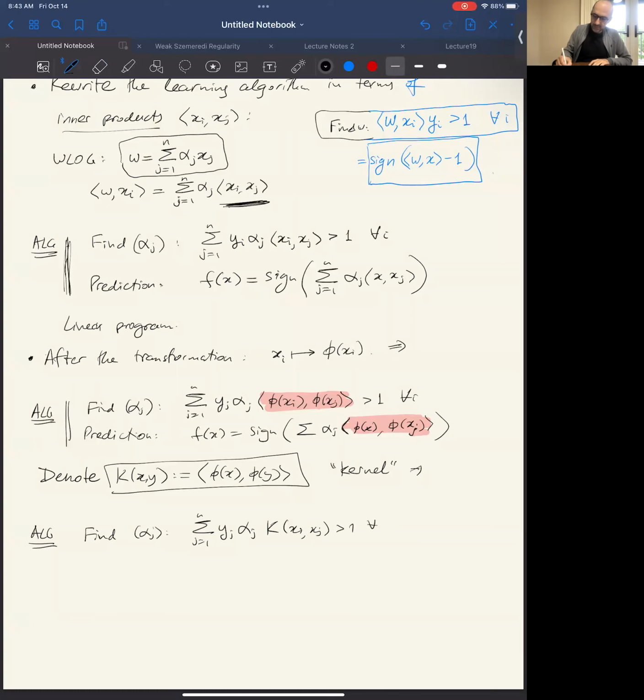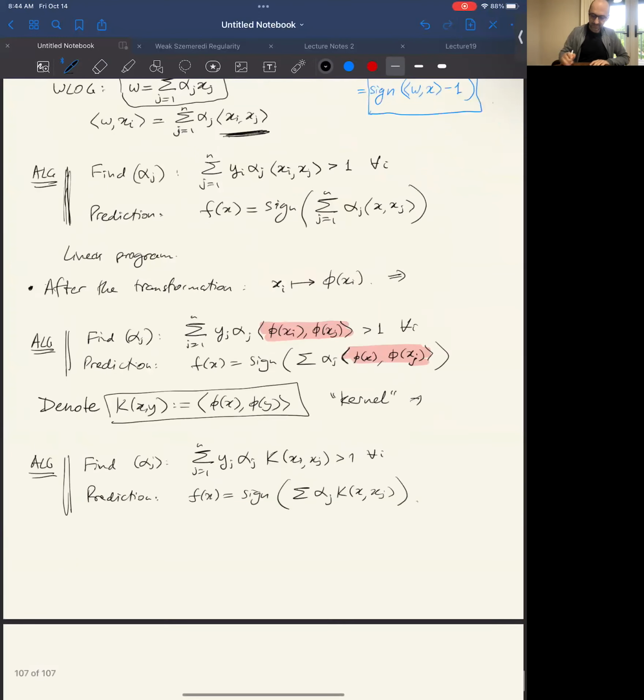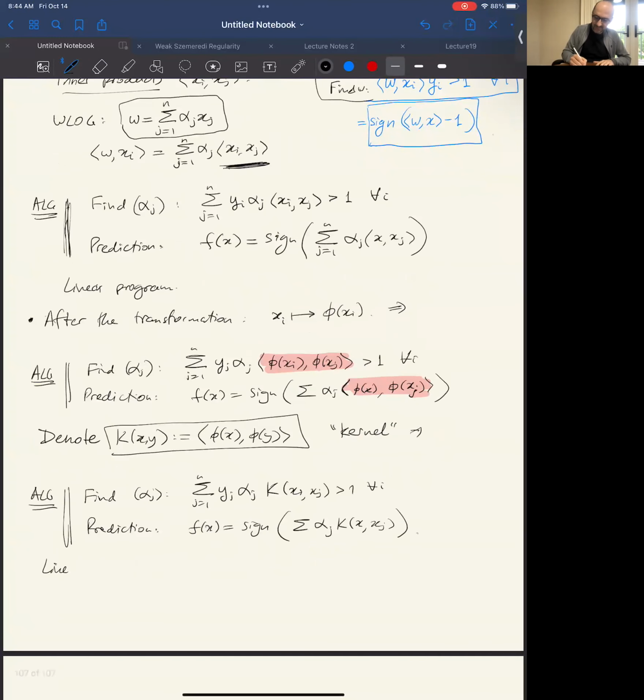And the prediction is the sign of the sum of alpha j k of x, xj. It's still a linear program in alphas. Everything is linear in alpha.